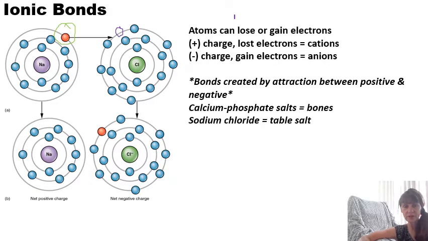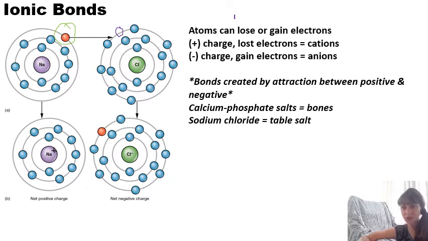Technically, sodium on the left should have a positive charge written next to it. I'm going to put a little positive here because sodium lost a negative electron. When negativity is lost, things become more positive. So you have a positively charged sodium ion and a negatively charged chlorine ion.